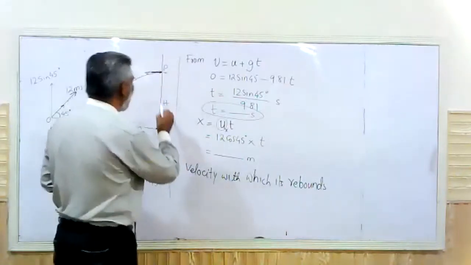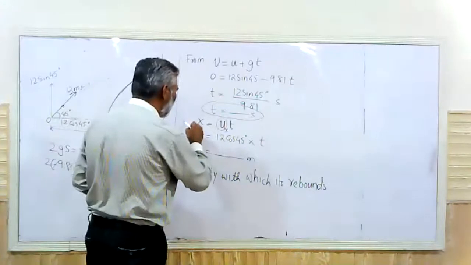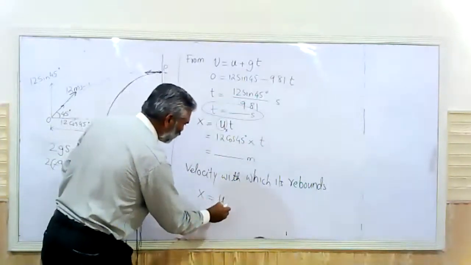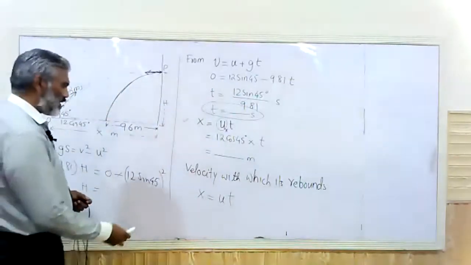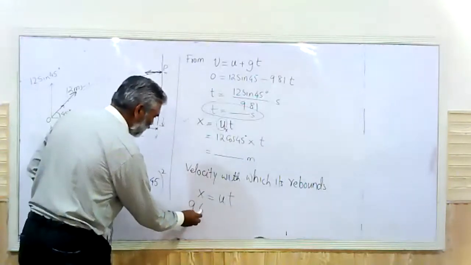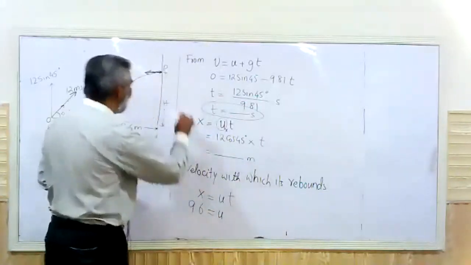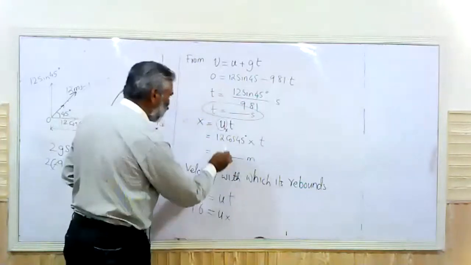So in order to calculate the velocity with which it rebounds, we again use this formula. X is equal to ut or vt. Now x is known. This is 9.6 meters, and u is the horizontal velocity with which it rebounds, and t is also known.